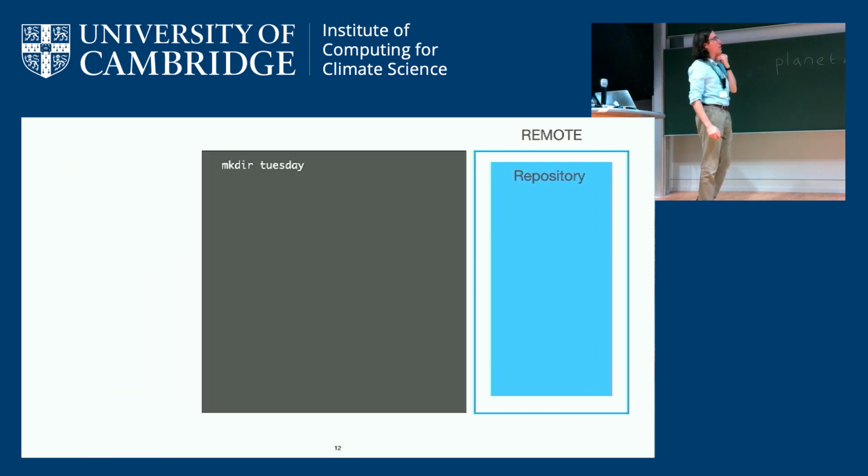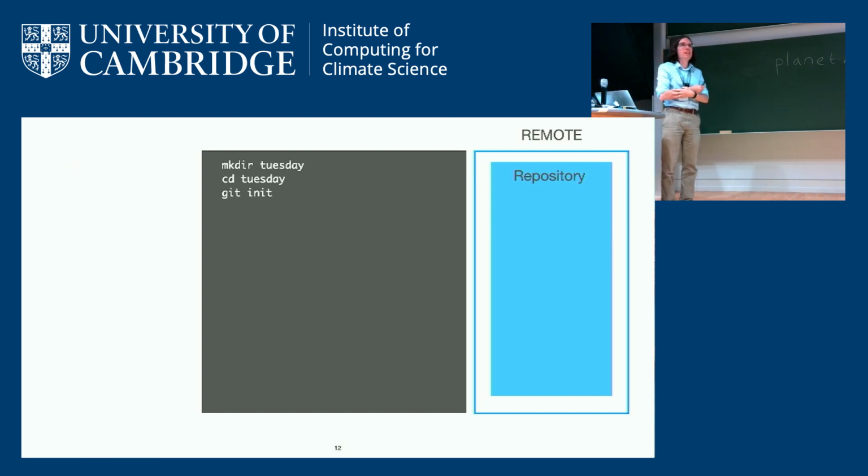An alternate approach, which I won't demo, is that I could first make a directory locally. I could go into that directory and run git init. That creates a fresh local repository within that directory, sets everything up there.